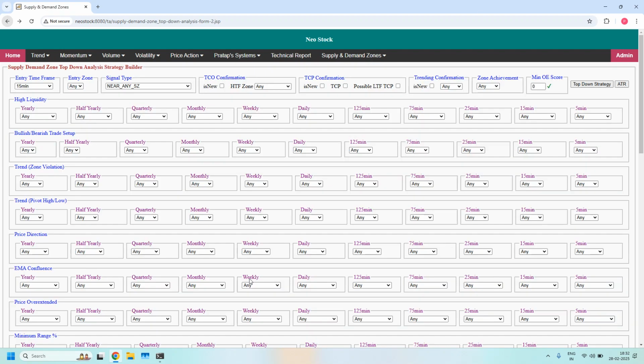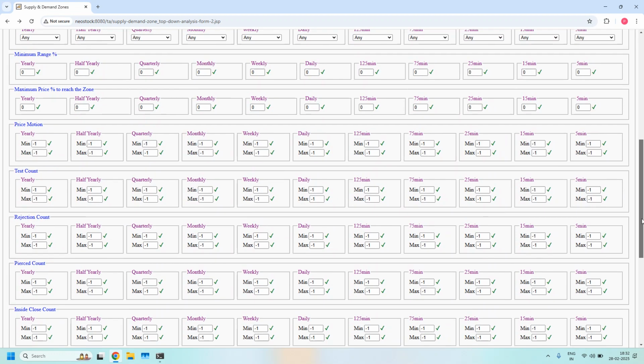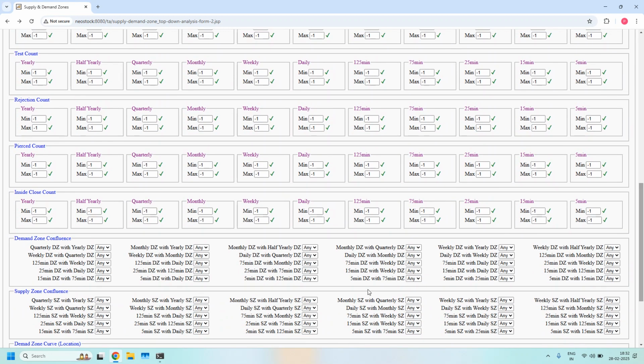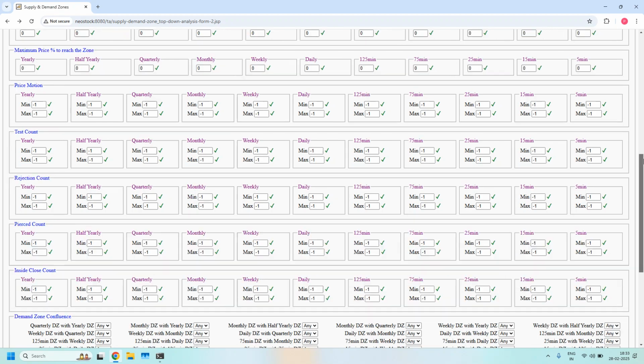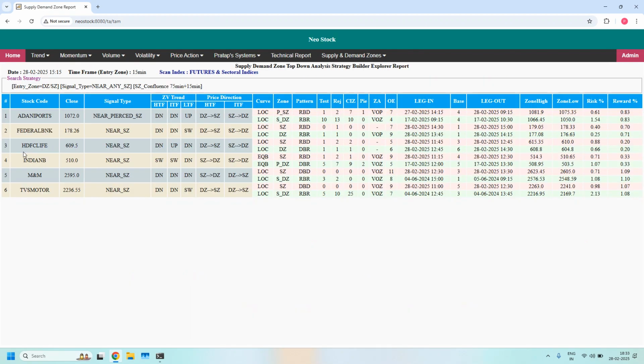Let us verify. That is 15 minute supply zone with 75 minute supply zone confluence. I'm enabling the filter. With this filter, the list has come down to 6 stocks. Only these 6 supply zones are having ITF. Out of these 6, first one is a pierced supply zone. You can't use that. You can ignore that. Remaining 5 are valid supply zones.